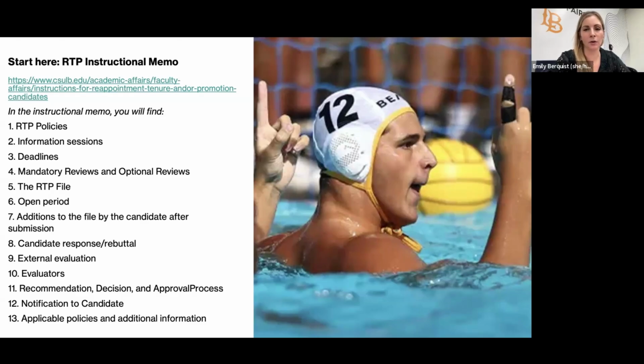It's really a page with drop-down menus. But within this, you're going to find all the different numbers here, 1 through 13. That is essentially all the information you need for your RTP file. So today, I'm going to go over this with you, and hopefully it will make a little more sense because there is a ton of information here.